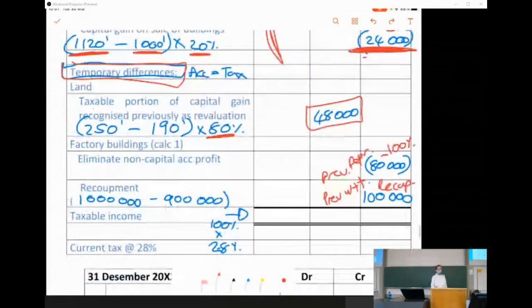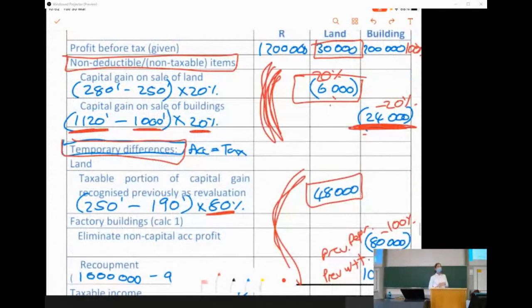These other items that are temporary differences, we've already accounted for through deferred tax, so the movement will be included in my income tax expense. We fixed the tax, so that's the same as accounting for these temporary differences, but for these ones we couldn't do it.